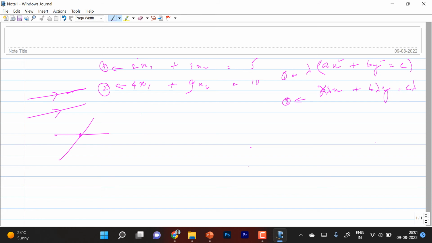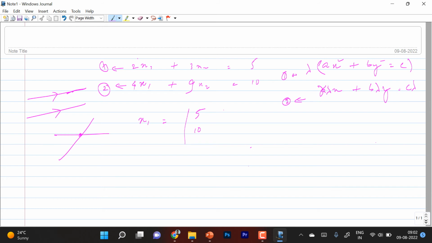Sir, we can solve with the help of the matrix point of view also, no? Right. So tell me, how would you solve it? It is a 2 by 2 matrix: 2, 3, 4, 9. Right. So x1 is given again by Cramer's rule.